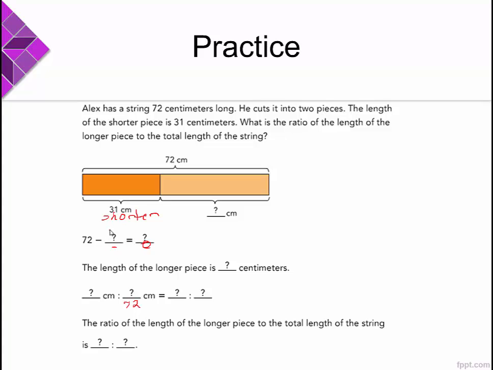So the shorter piece is 31. If I subtract 31 from 72, I get 41. So the longer piece is 41. So the length of the longer piece is 41 centimeters to the total length, which is 72.